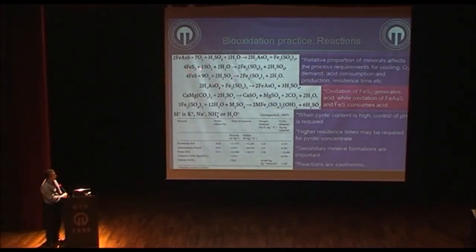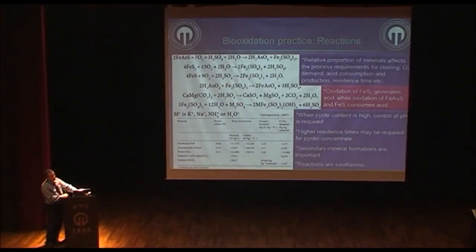In this regard, oxidation of pyrite produces acid, which means if there is more pyrite in the system, after oxidation it will acidify the medium, so neutralization may be required. Also, pyrite is more difficult to oxidize, so if pyrite is the main gold-bearing phase, then this may lead to the extension of residence time, because more time is required for the oxidation of pyrite.